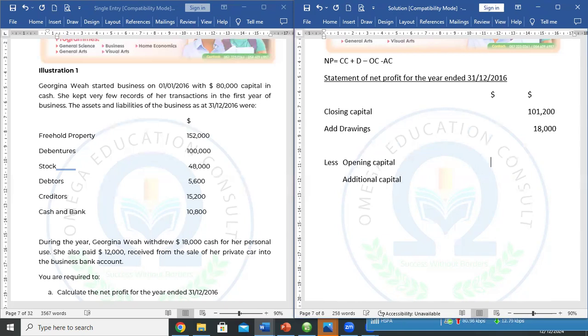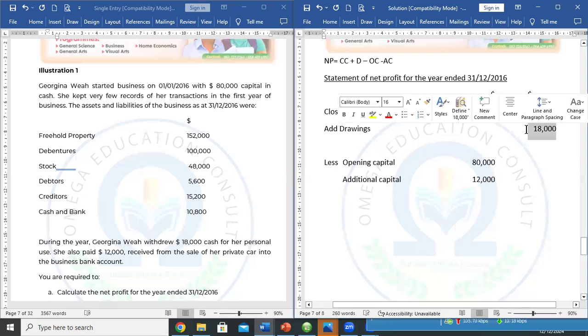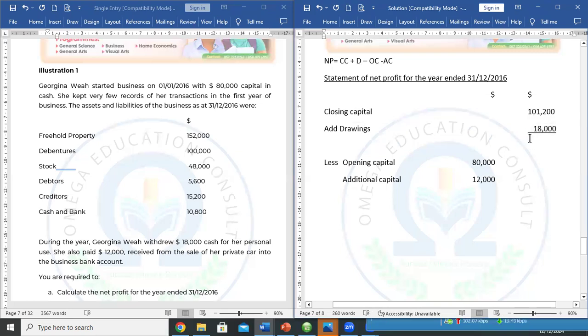Opening capital we're told is 80,000, and we're told she brought in additional capital of 12,000. So let's finish up our calculations. The total here would be 119,200. Then we less these two, which accumulates to 92,000.